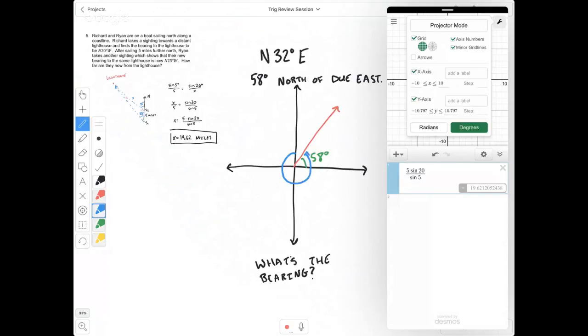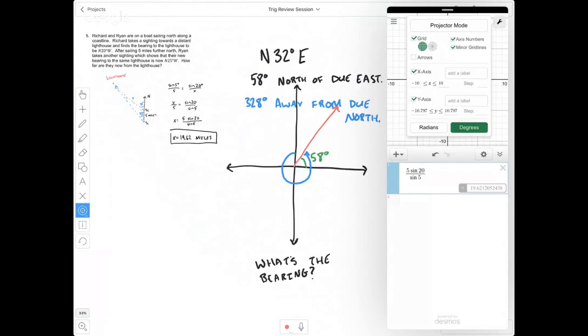So that would mean that this is 90, 180, 270, let's see, 328 degrees away from due north. Those are all perfectly reasonable iterations of this bearing. Moose, did I answer your question?